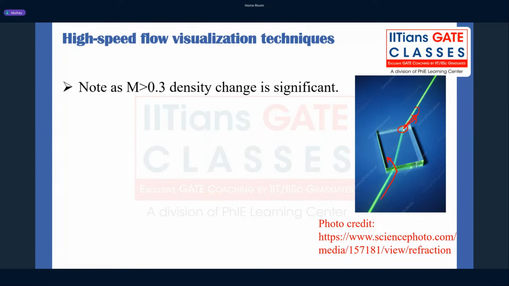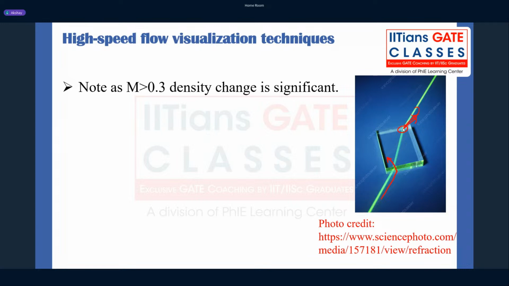Now what we can extract from this idea is that when the flow is compressible, meaning when the flow reaches a Mach number greater than 0.3, there is a change in density within the fluid medium.